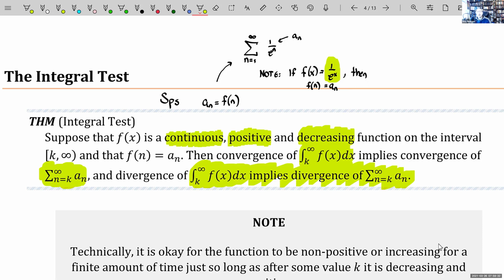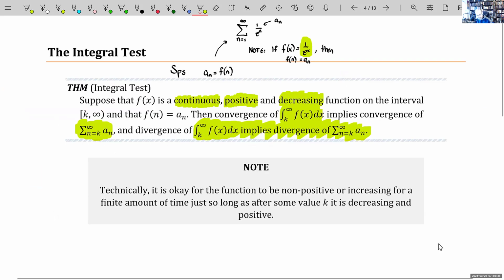Let me write this down in a clean form, because this is the actual theorem, but I sometimes like to reword it a little bit so you can wrap your mind around it. So ignore my note for a moment.